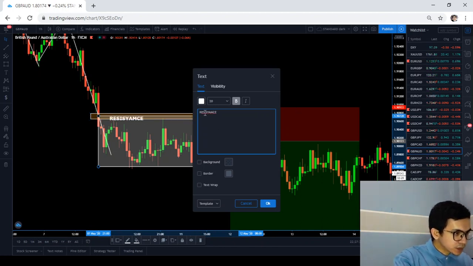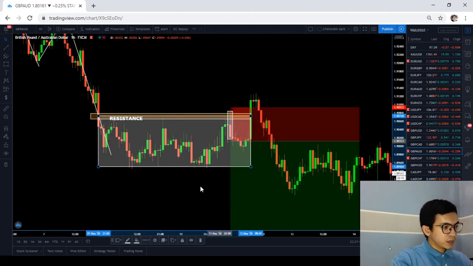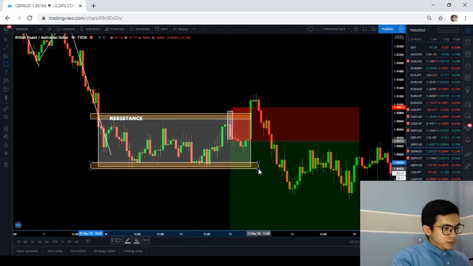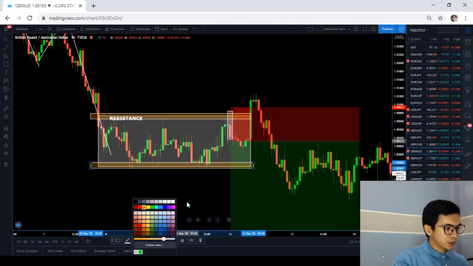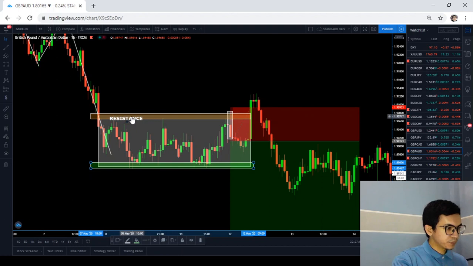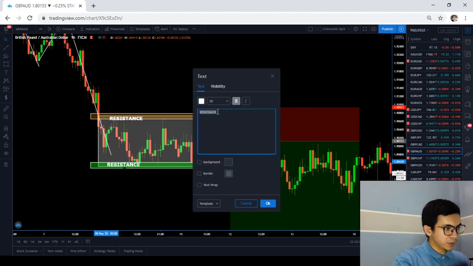Kapag ikaw ay nasa resistance, you go for sell. On the contrary naman, kapag ikaw ay nasa support, you go for buy opportunities.